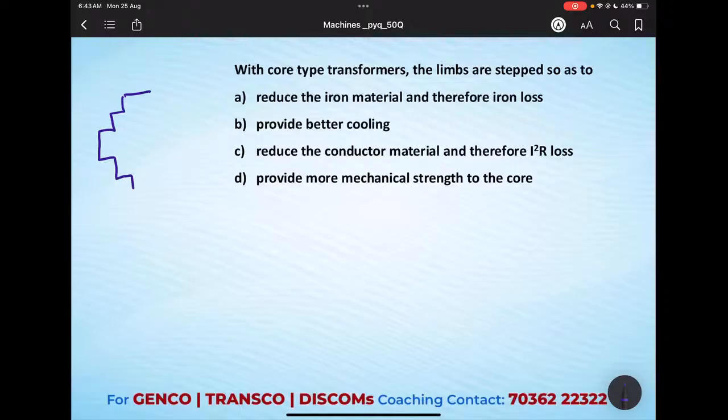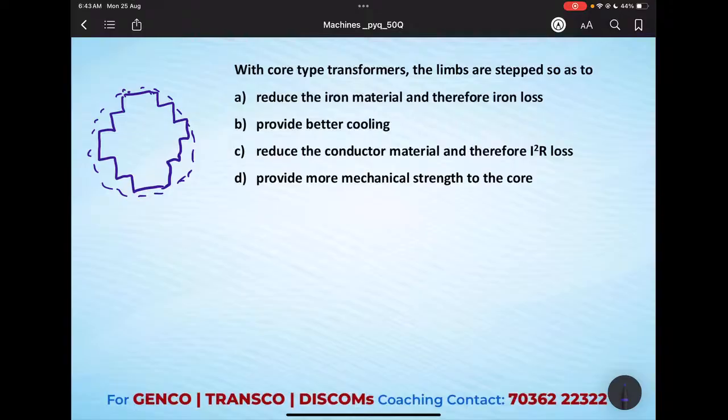If you see the cross section area of a core, it will look like this. The main reason is to make the winding in a circular form. For uniform winding of the core, we need a circular form. That's why the core is going to be like this. That means the core is in the form of steps.